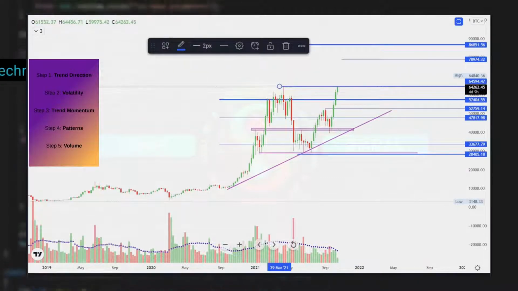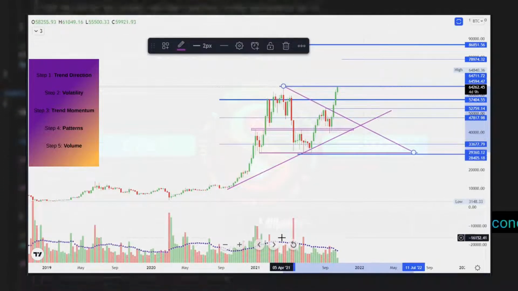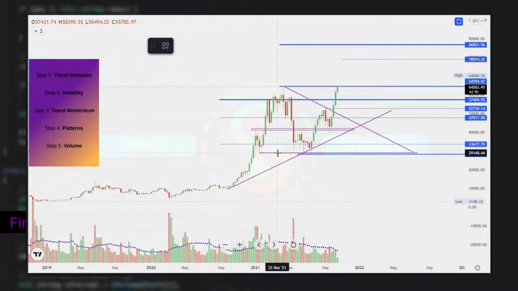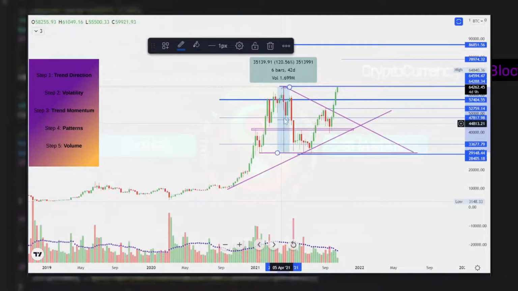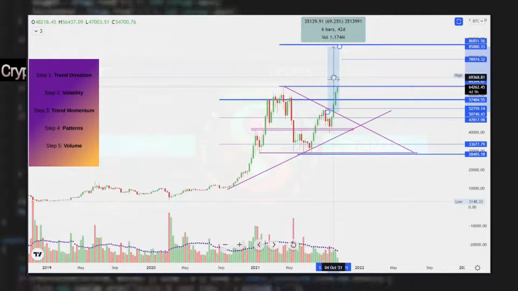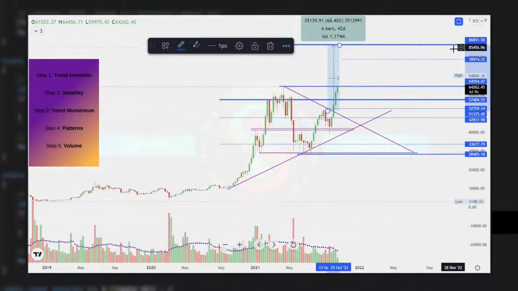And this broken triangle can give us a price target, interestingly exactly at the Fibonacci level at 86,000.